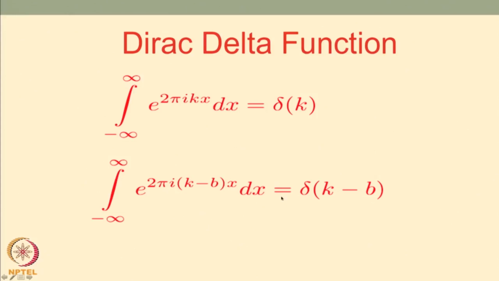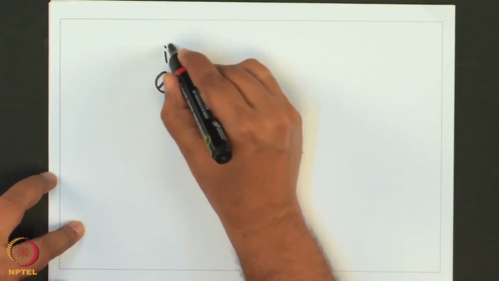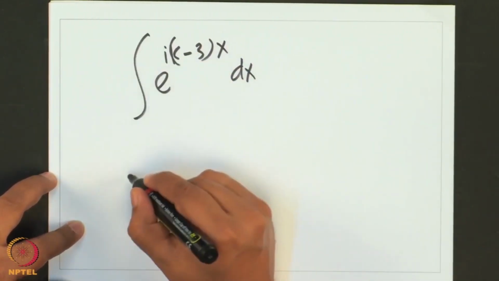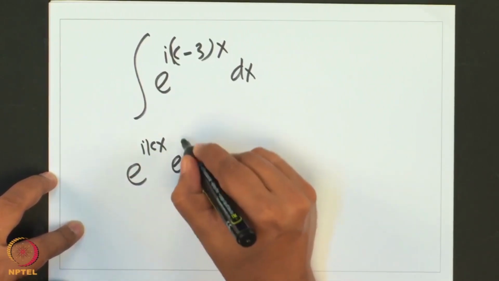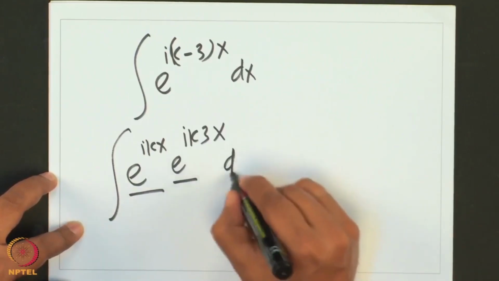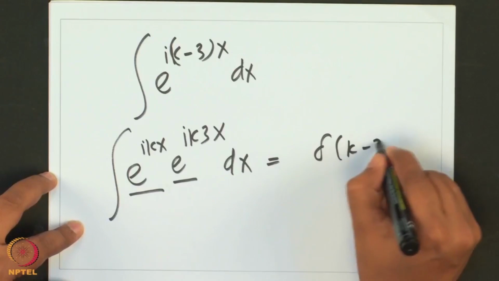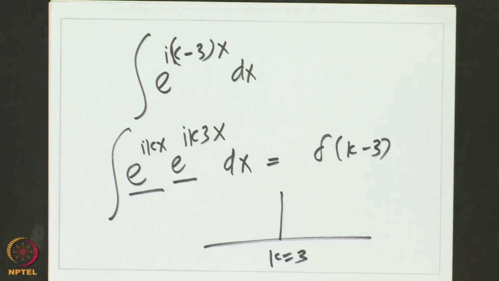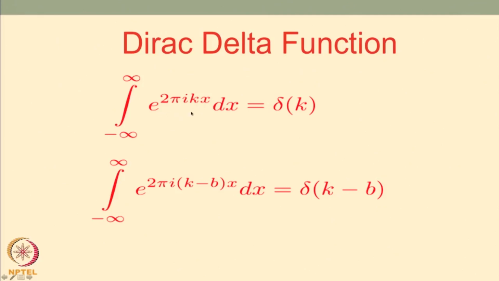So, in the earlier example, if we have b equal to 3, then I would have the integral of e power I (k minus 3)x dx, which is the product of e power I kx and e power minus I 3x. I do the integral of this dx, and I would get delta of k minus 3, which is a peak at k equal to 3. So, that is what this says. If I have a function e power 2 pi I kx, the transform is delta of k, and delta of k is plotted.